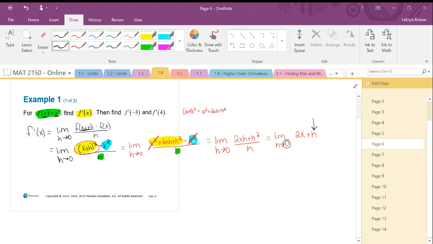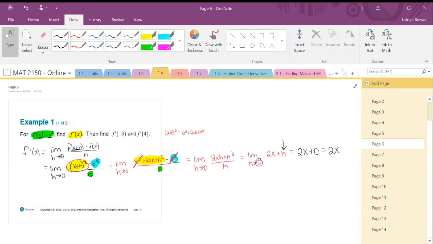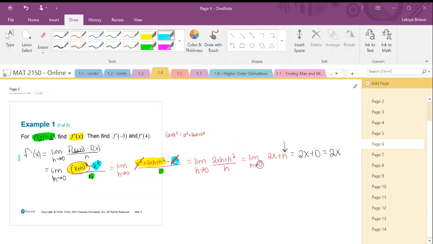So if I do that, what I'm left with, let's move this over, is 2x plus 0, which is 2x. In other words, what I have found is that my derivative, f prime of x, is equal to 2x.